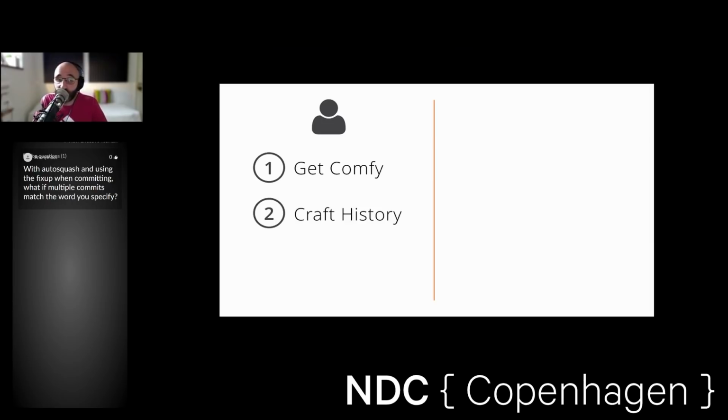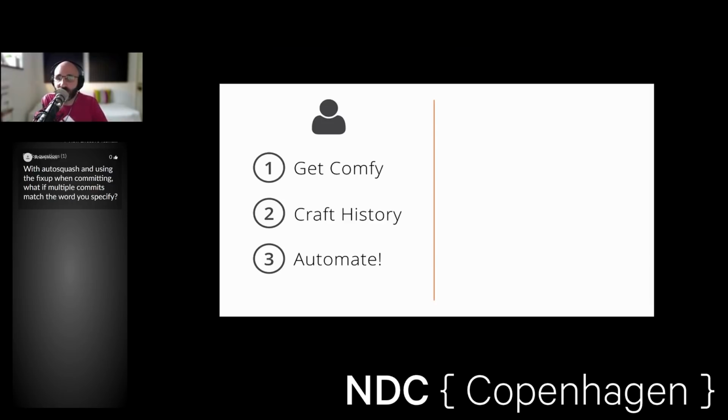Take care of crafting your history by following the rules of ACID: autonomous, correct, incremental, and documented, so that your history is readable. And the third one is use Git features to automate as much as possible of your workflow so that you have less work to do and it can catch any errors that might happen.